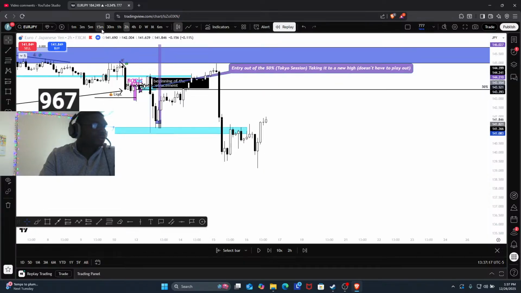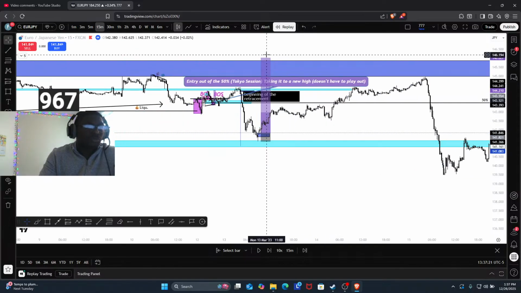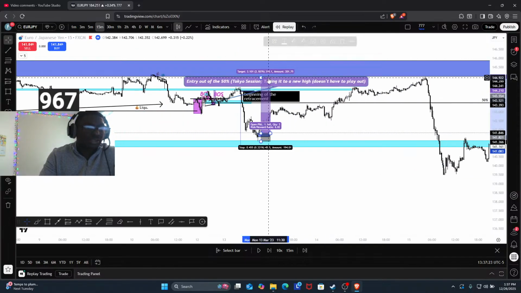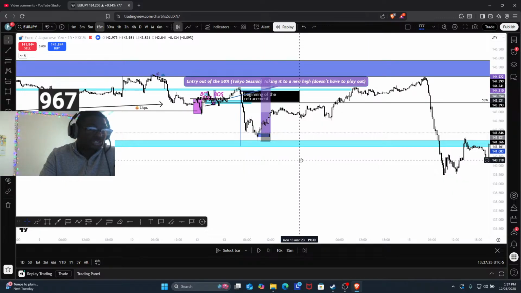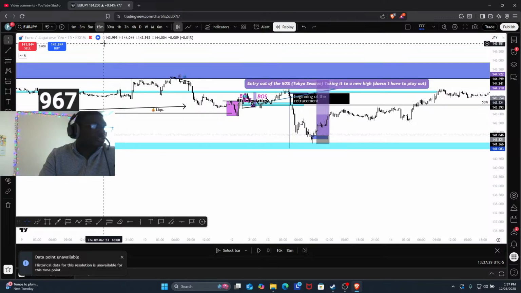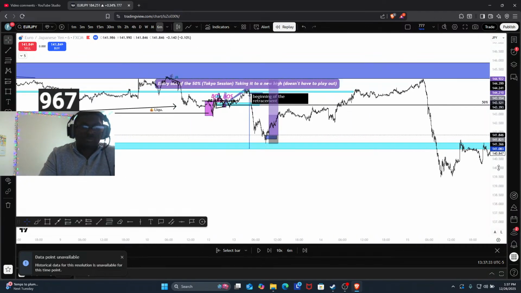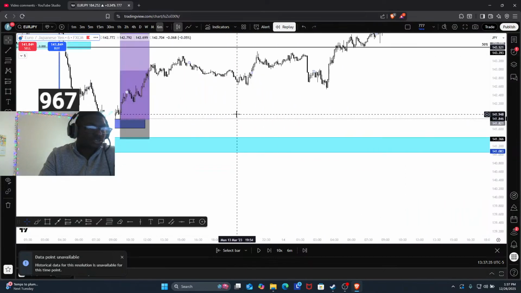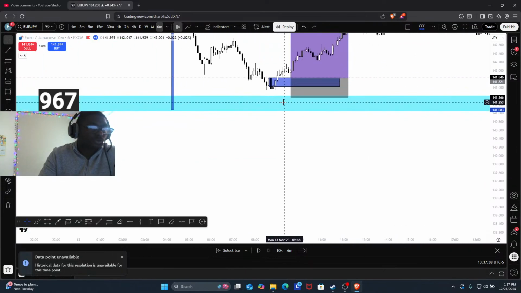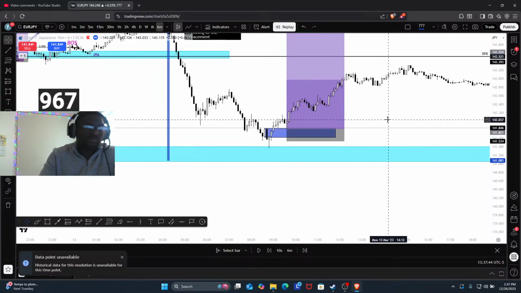How did it play out though? Played out right. Our target would have been a new daily high, but it came up at 1 and 6, right? Which is nice. Got a nice 1 and 6. Or you could have even dropped it down a little bit, get a nice 1 and 10.